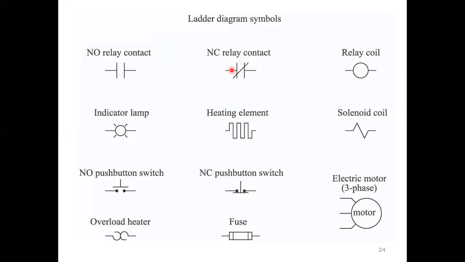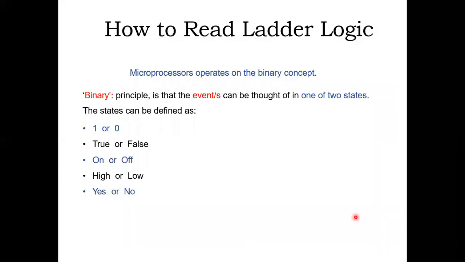Like that we are using the contacts, then relay coil, then indicating lamp for execution, then heating element, solenoid coils, normally open push switch, normally closed push button switch, then electrical motor in this three phase concept, then fuse, then overload heater. Like that we are using these kinds of symbols in the ladder diagram functions. So these are the logic symbols used in the ladder.